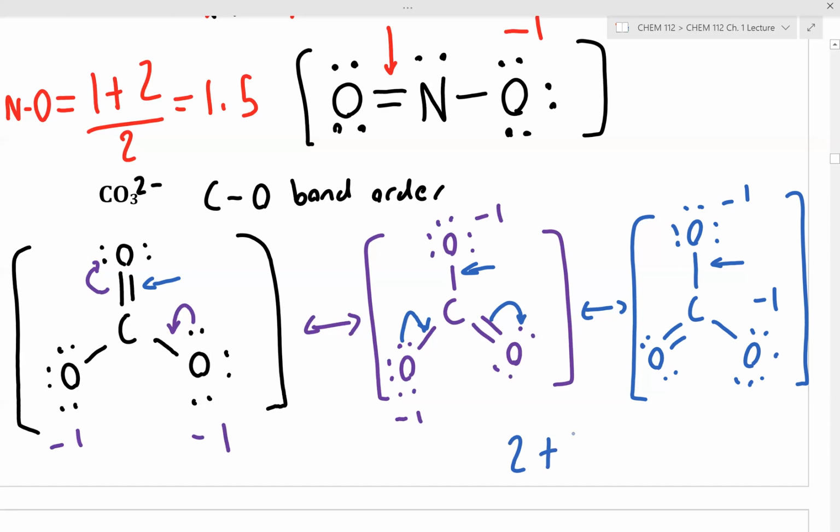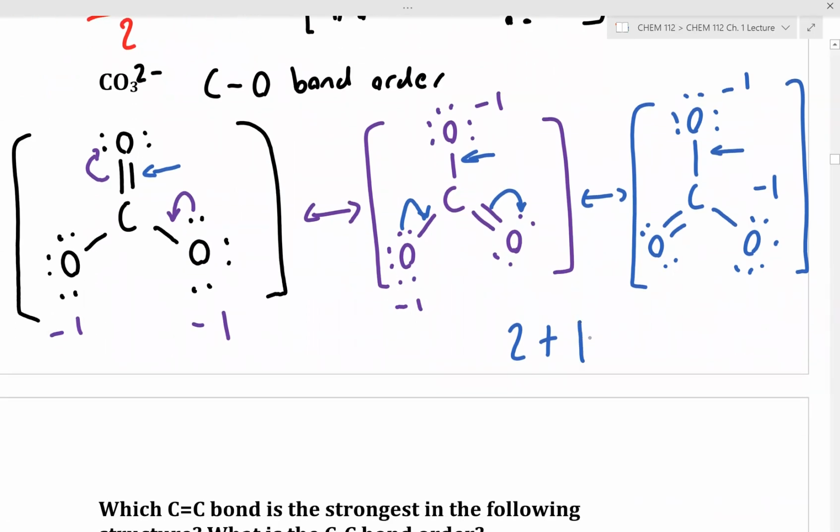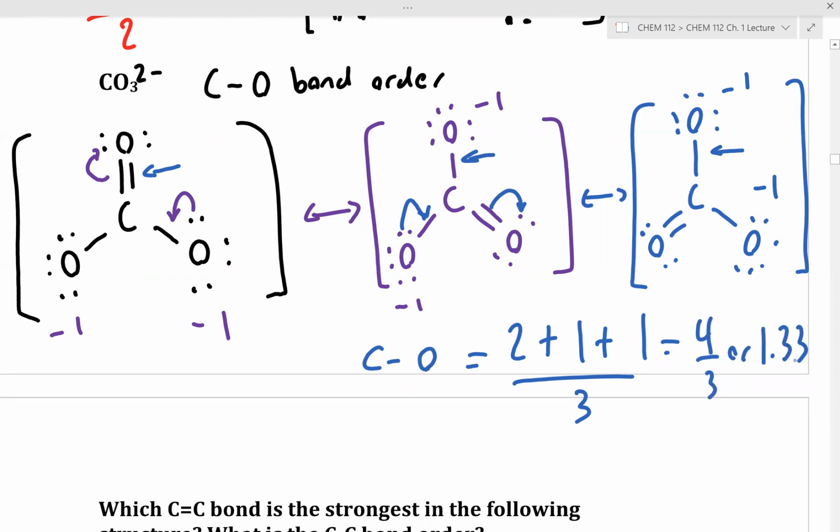And the structure in the middle? 1. Let me zoom up a little bit. So 2 plus 1. In the structure on the right, what's the bond order? 1. If we divide by our total number of structures, which is 3, for our carbon-oxygen bond order, that gives us 4/3 or 1.33.